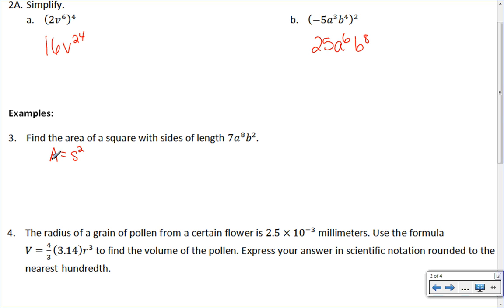We want to find the area of a square with sides of length 7, a to the 8th, b squared. So we'll take this expression, and since that's the length of the side, we'll replace the s in the formula with 7, a to the 8th, b squared. So we have 7, a to the 8th, b squared, all squared.